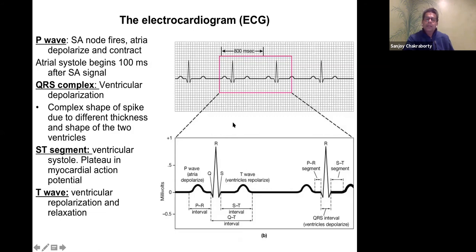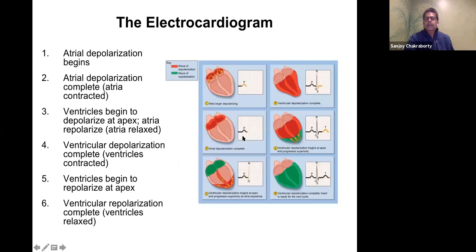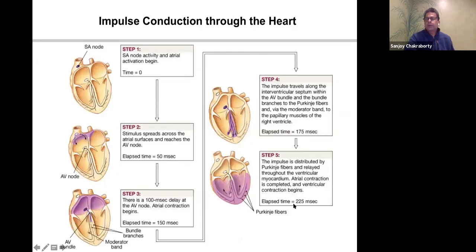Now, one very interesting thing to note. The entire electrical activity from P wave to QRS complex to T is 225 milliseconds, because we just studied that it takes 225 milliseconds for the total time required for the electrical activity.